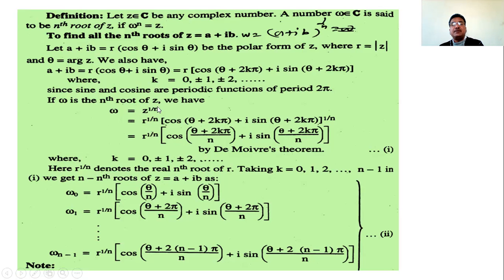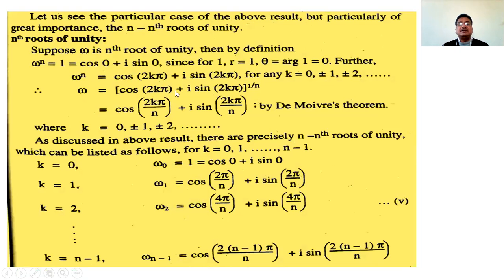So its polar form is cos 0 plus I sin 0 raised to 1 by N. And then by using De-Moivre's theorem, this is cos 2k pi divided by N, actually 1 by N into 2k pi, that is 2k pi by N. Suppose K runs from 0, 1, 2, 3 up to infinity. Then substitute K equal to 0, 1, 2 up to N minus 1. We get this W naught, W1, W2, up to Wn minus 1. So if we substitute K as 0 for W naught, then we have the answer cos 0 plus I sin 0, that is 1.